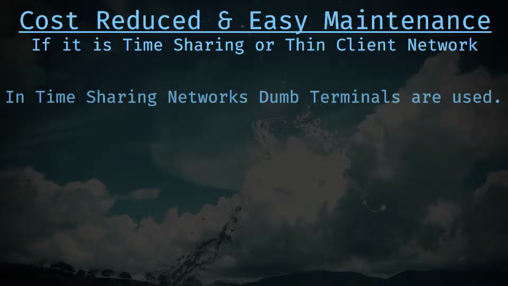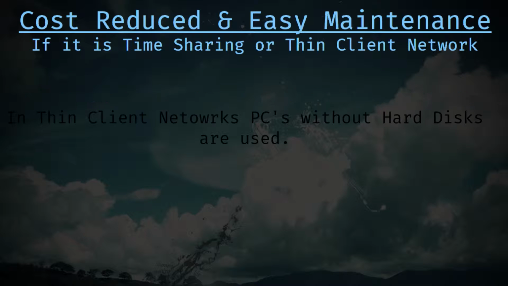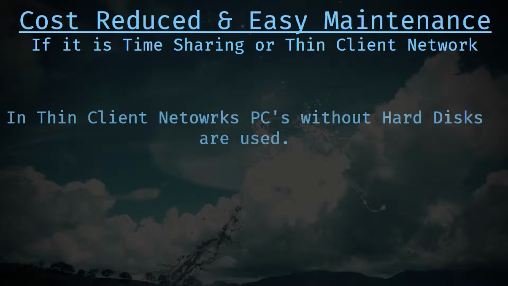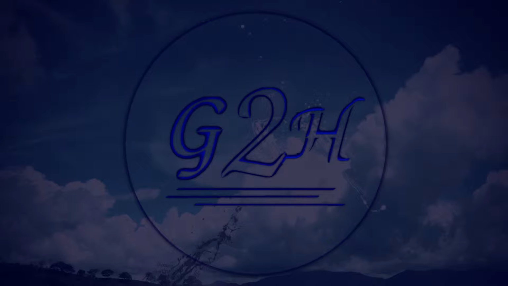If you don't know what dumb terminals are, it's irrelevant in this tutorial, but if you want to know, you can simply Google it. And a thin client network is PCs without hard disks, and they can be used for a variety of things. You don't need a hard disk for doing certain tasks. And those are my 8 advantages.